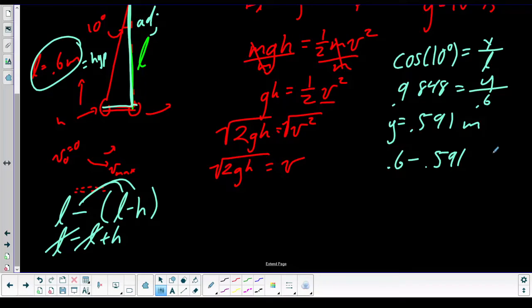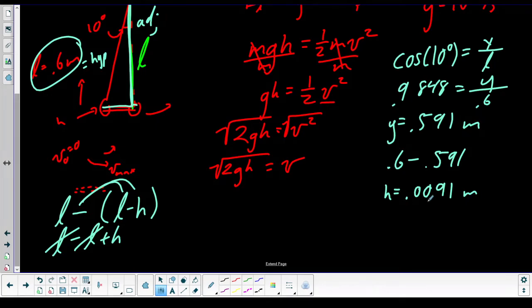So 0.6 minus the answer, and we get a very small number. We get H equals 0.0091 meters. So it's like 9 millimeters-ish. Very, very tiny. But that's what it is.